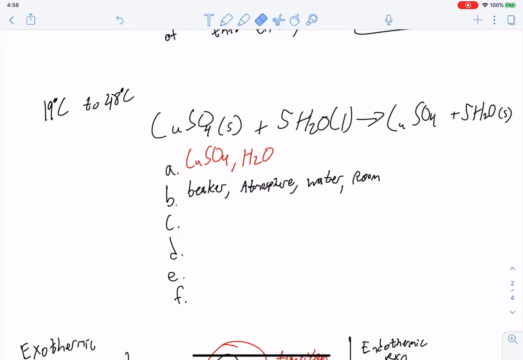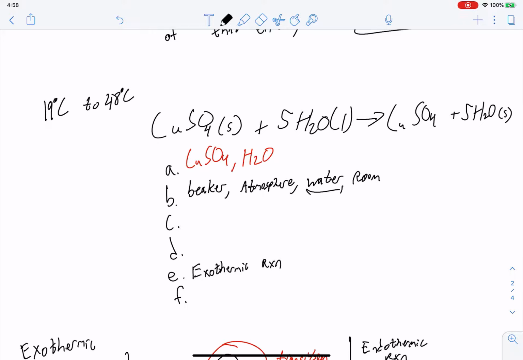So the next question, which is for letter C: which is at a lower temperature, copper sulfate or copper sulfate with water? Explain your thinking. The explanation said that the temperature went from 19 to 48 degrees Celsius. So the surroundings, in this case the water, went up. This kind of goes into letter D too, but this is telling me that this is an exothermic reaction, right?